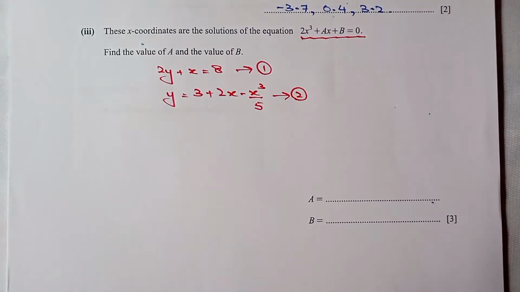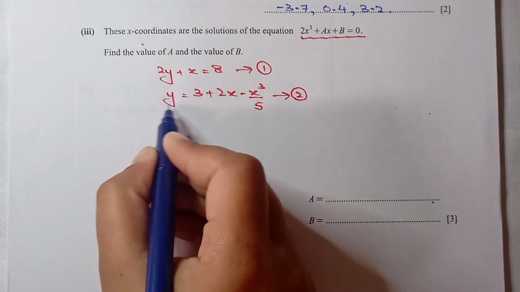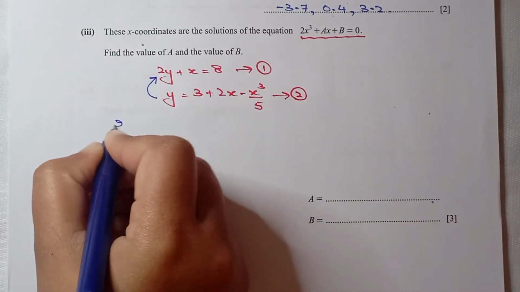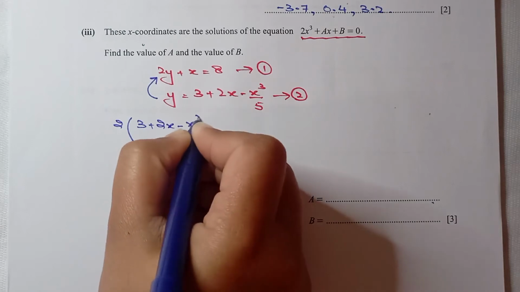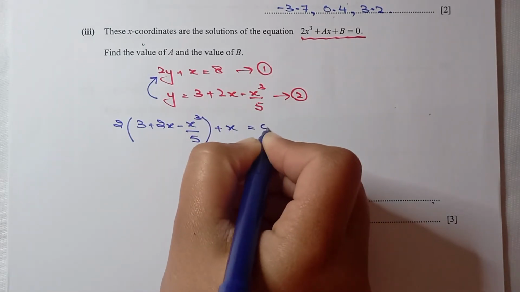Let's simplify it further. From equation number 2, we have the value of y. We can substitute it in equation number 1. So we have 2 times y plus x equals 8.